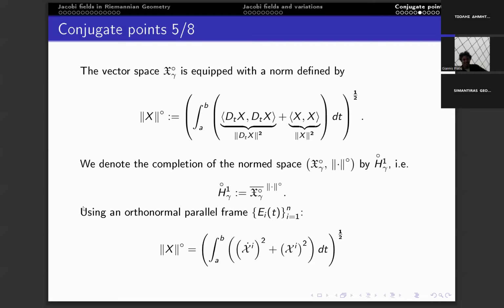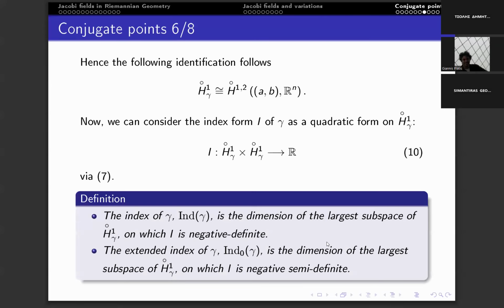Using an orthonormal parallel frame, the definition of the norm transforms into this one. So we have the following identification between Sobolev spaces, and we can consider again the index form as a quadratic form induced by the bilinear and symmetric form given by formula number 10.